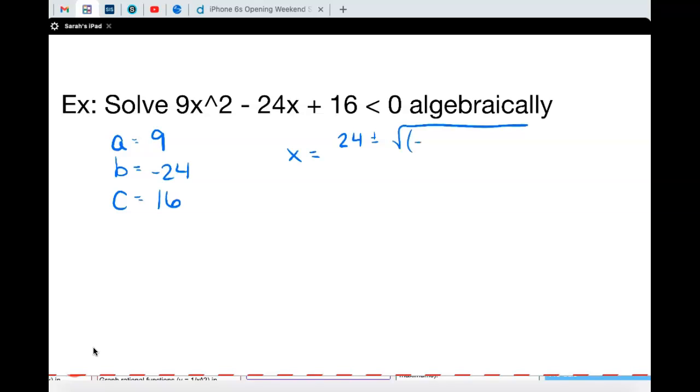So -24 squared minus 4 times 9 times 16, divided by 2 times 9.